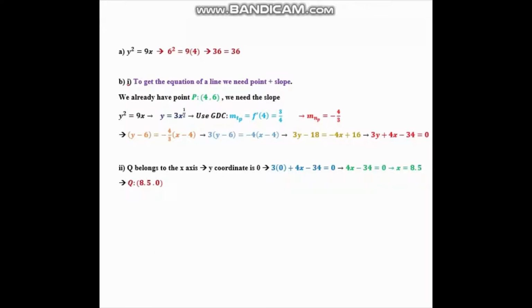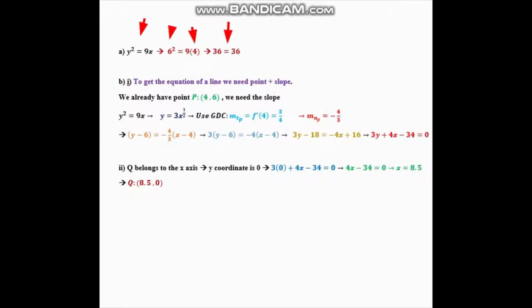So this is what I did right there. y squared equals 9x, so 6 squared equals 9 times 4, and it is shown to me that indeed 36 equals 36, which means that this point does satisfy the equation of the parabola.